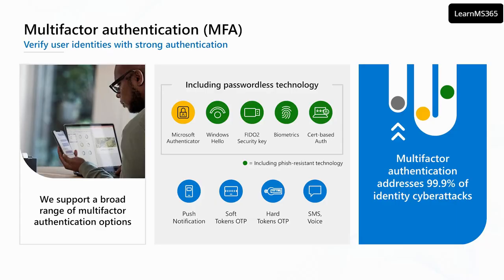Then we have the strong but not phishing resistant, like push notifications from the Authenticator app, which is good for most users. And then we have acceptable for low risk, for example soft tokens or OTP, which is better than nothing but can still be intercepted.